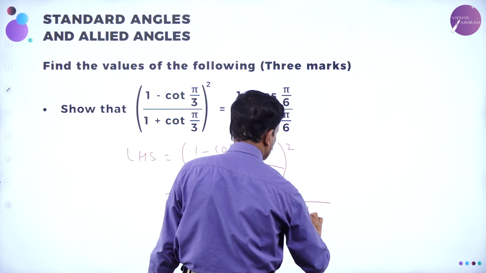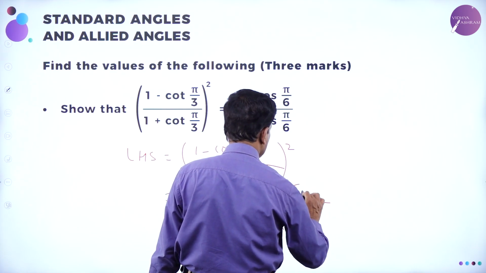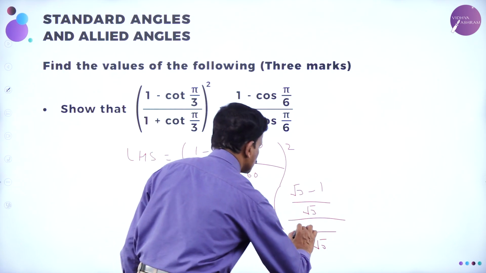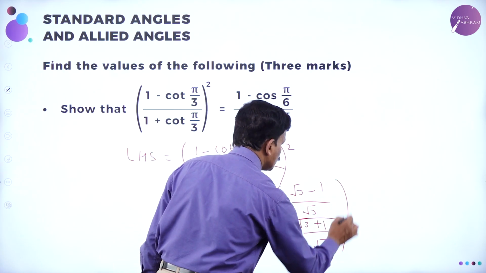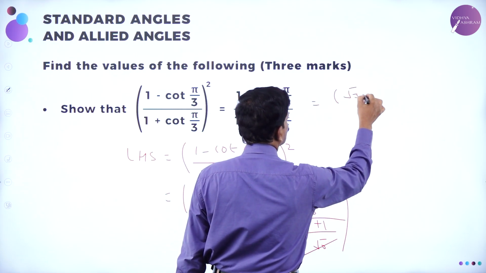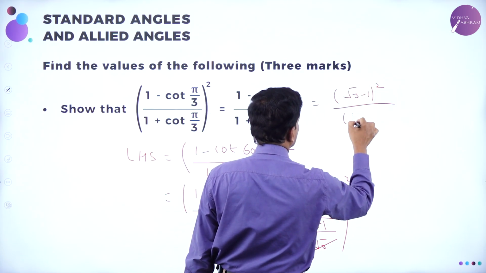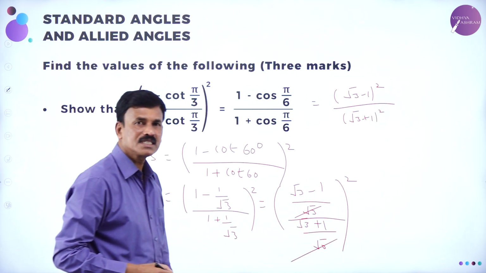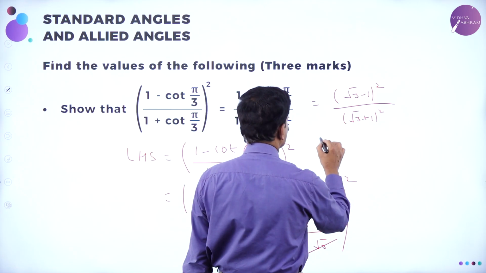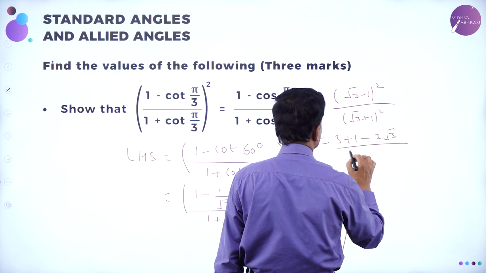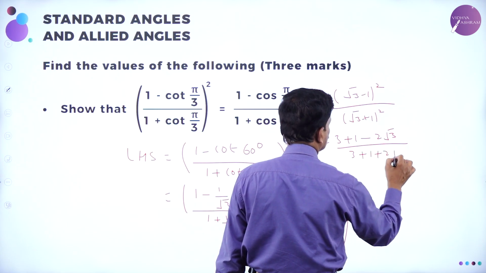Take LCM, root 3 is the LCM. Root 3 into 1 is root 3 minus 1, divided by root 3 is the LCM, root 3 into 1 is root 3 plus 1, whole square; the root 3 gets cancelled. What is left over is root 3 minus 1 whole square divided by root 3 plus 1 whole square. Now just apply (a minus b) and (a plus b) whole square: a square plus b square minus 2ab, divided by a square plus b square plus 2ab.